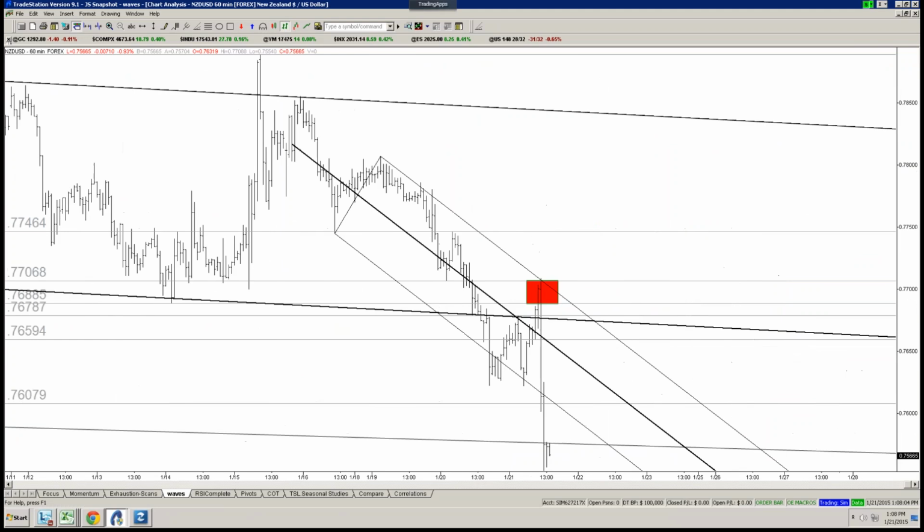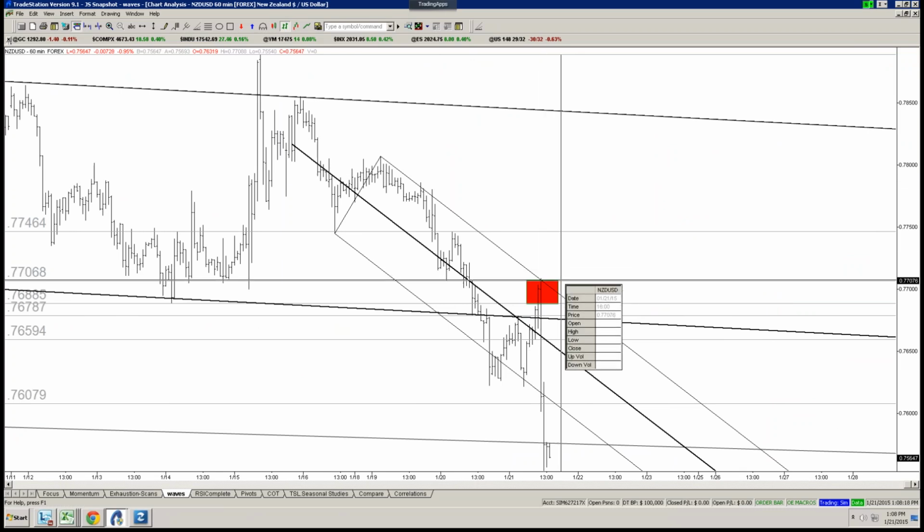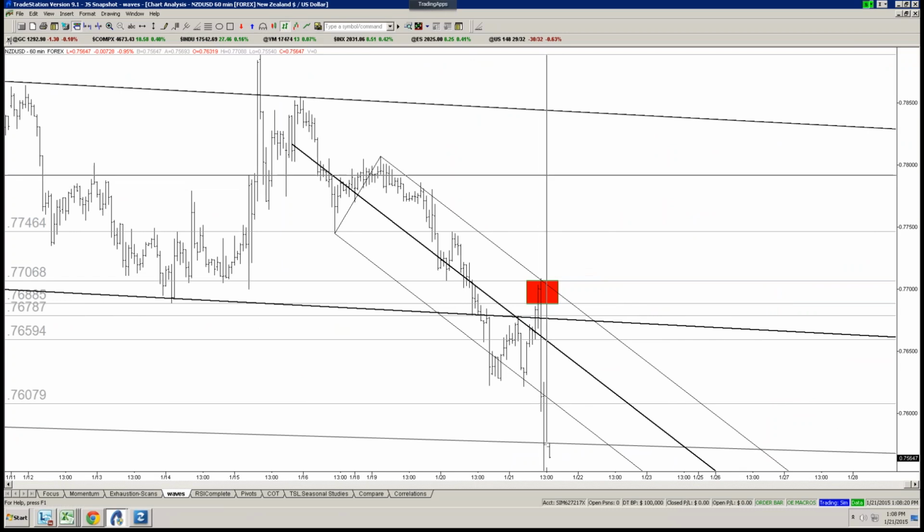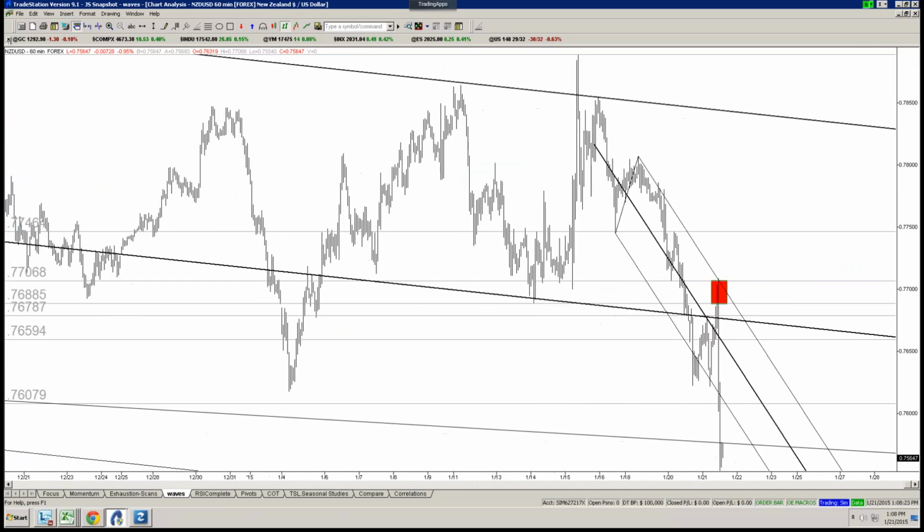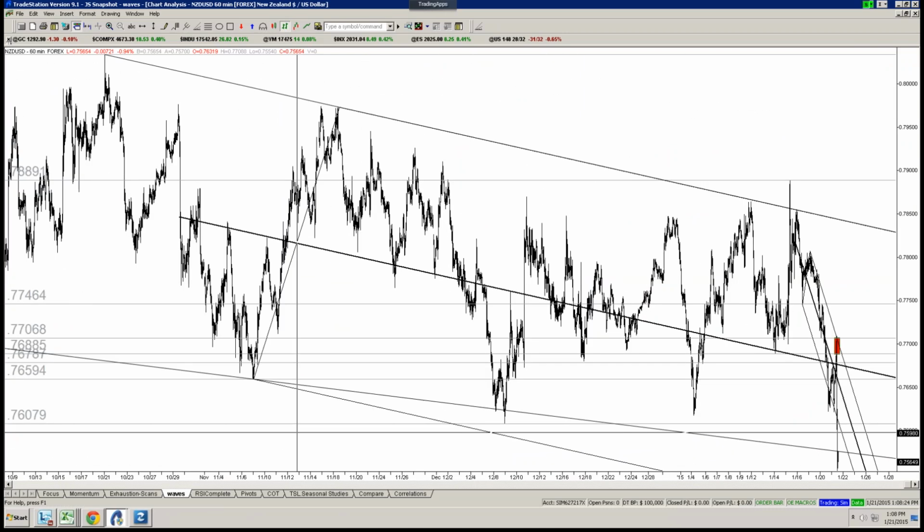It traded into that zone and just reversed like a bat out of hell. Within literally an hour, the market had traded basically from a range to a breakout, and we are now at levels we haven't seen in a while. This is the December low, 76.08.